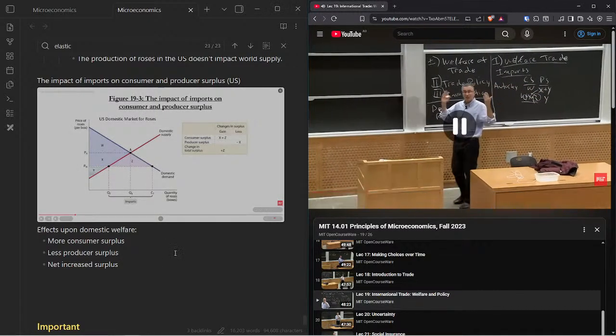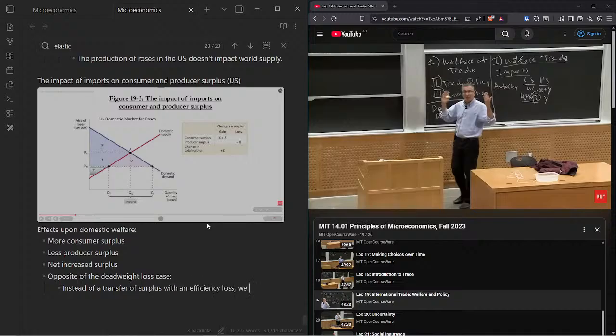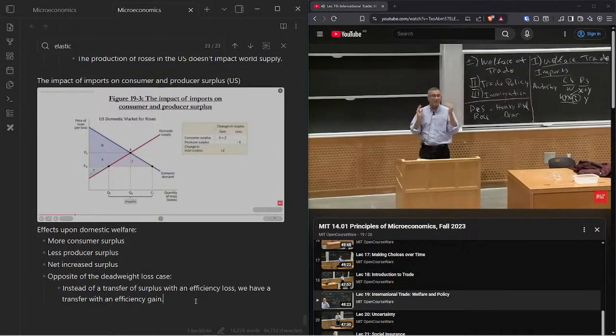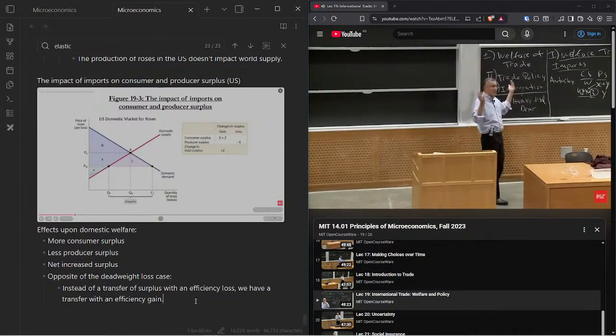Remember, whenever you saw transfers before, they came along with deadweight losses. Here's a transfer that comes along with a gain.